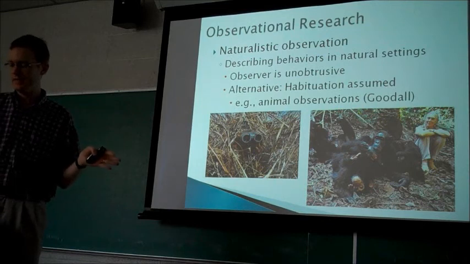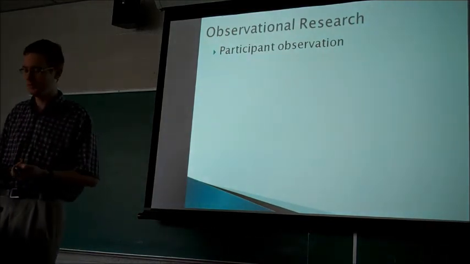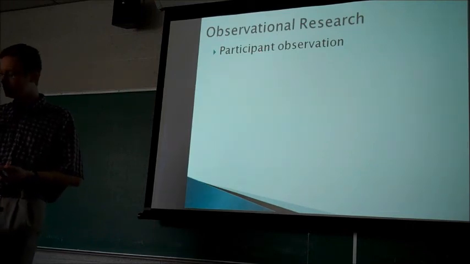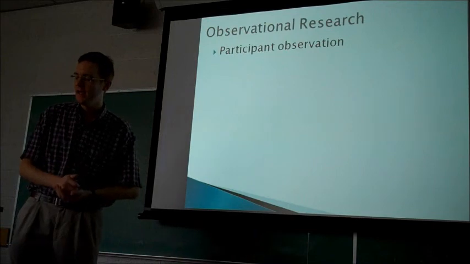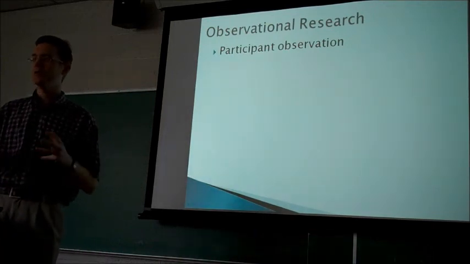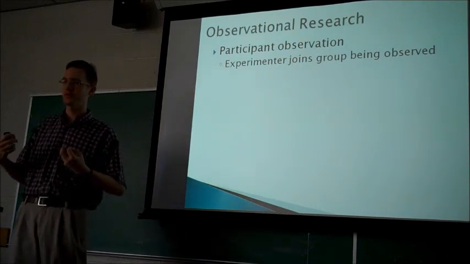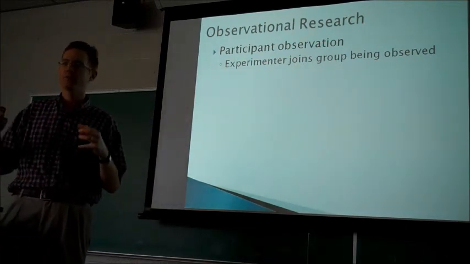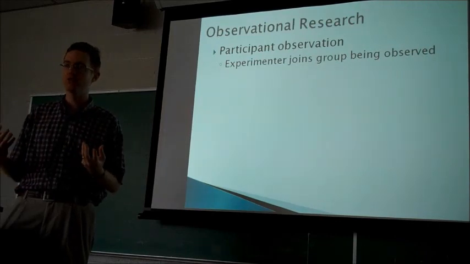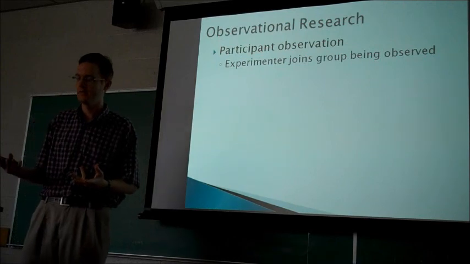Now, a slightly different spin on naturalistic observation is participant observation. The important difference here is that the experimenter actually joins the group that's being observed. So there's real interaction between the researcher and the people that they're studying.